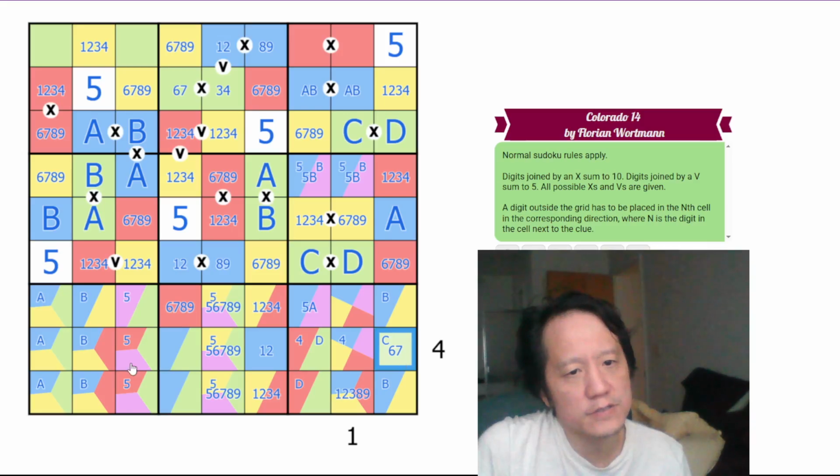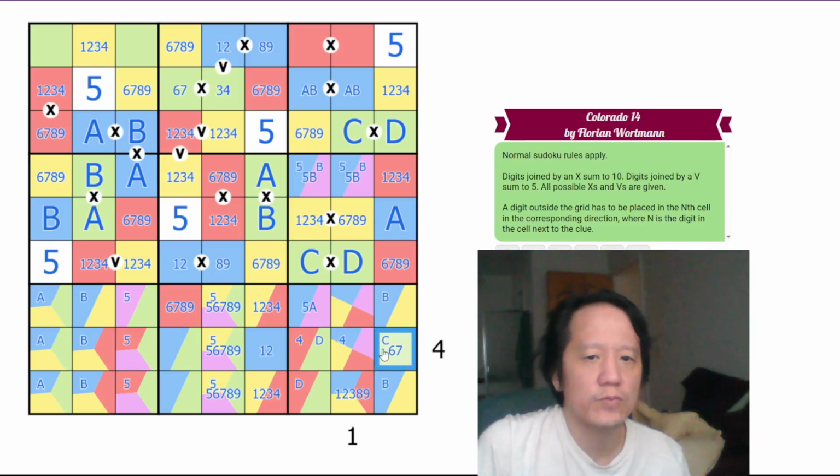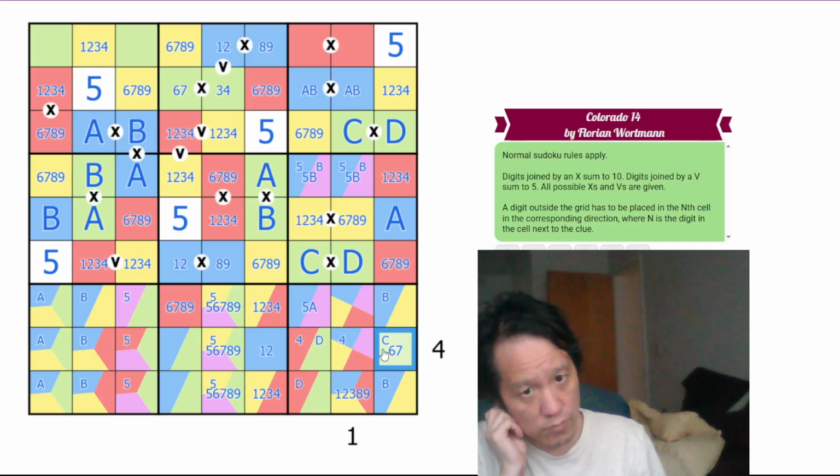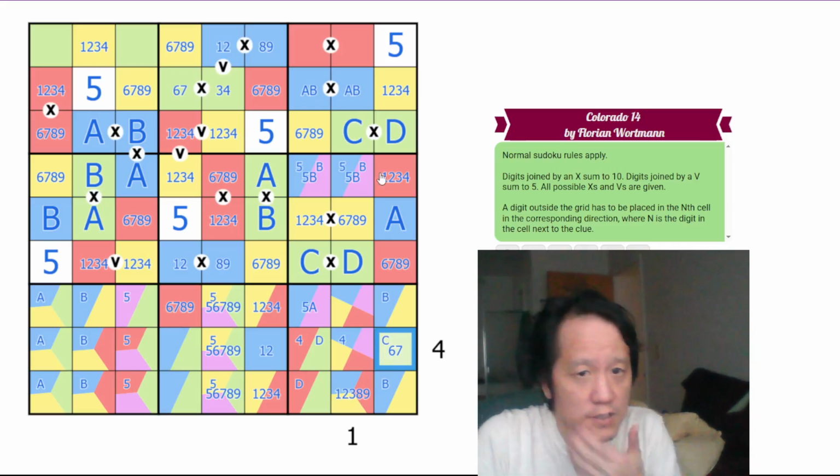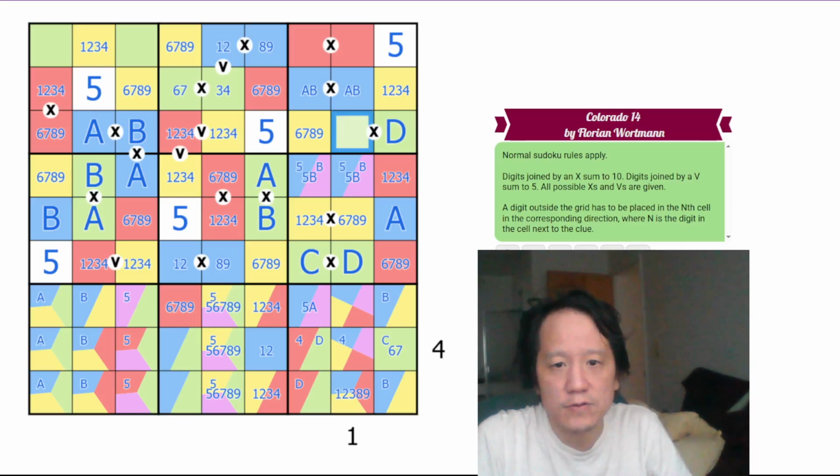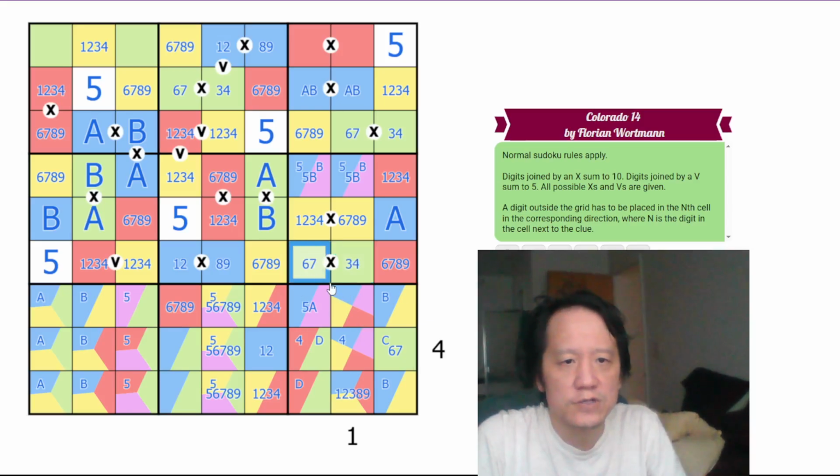Otherwise, green is 6. So that means this C is 6 or 7. That means this is 3 or 4. This is 3 or 4. This is 6 or 7.